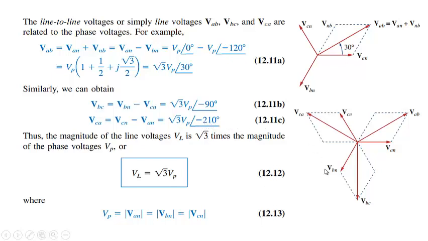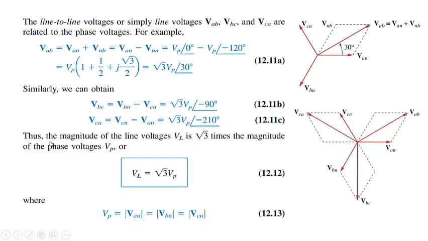Or from here to here it is 120 degrees, from here to here it is 90 degrees, and from here to here it is 120 degrees. So it will be equal to minus 210 degrees. Since I have told you the angles should be kept between minus 180 degrees and plus 180 degrees, this can be equal to root 3 VP at plus 150 degrees.